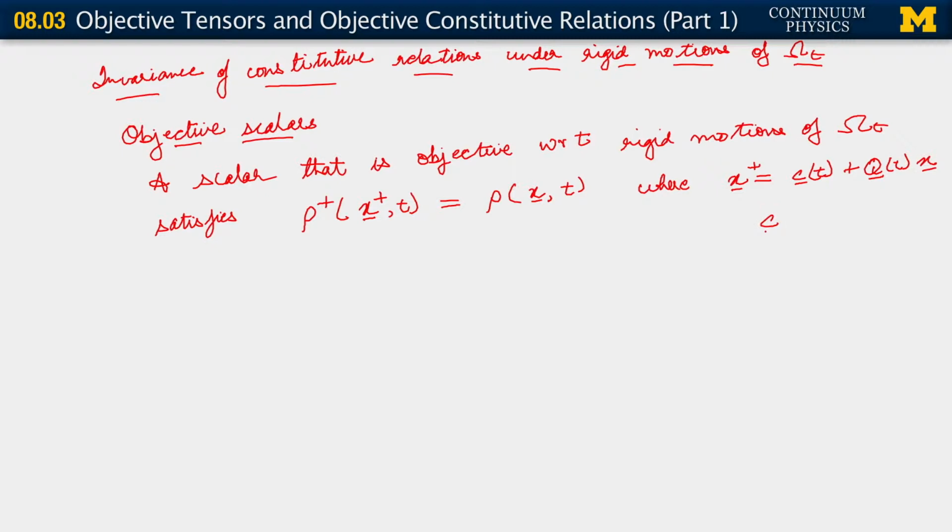Okay, C belonging to R3, C being a vector, and Q belonging to SO3 plus. Okay, that's what happens with scalars. This is what we mean by objective scalars. Objective vectors.